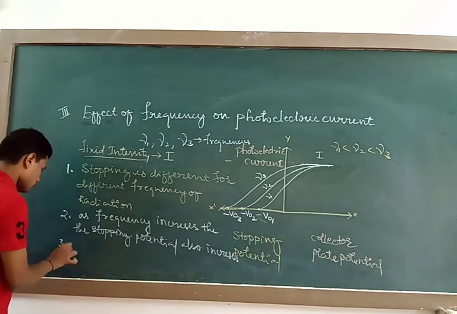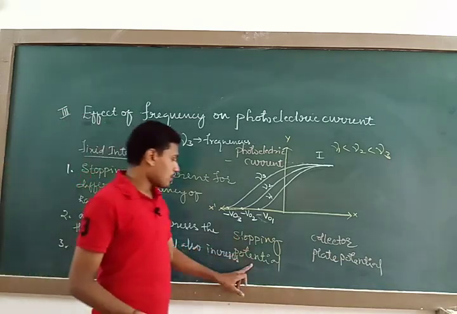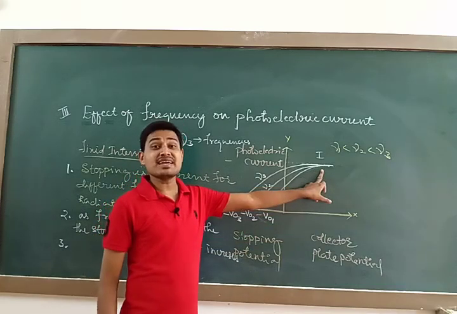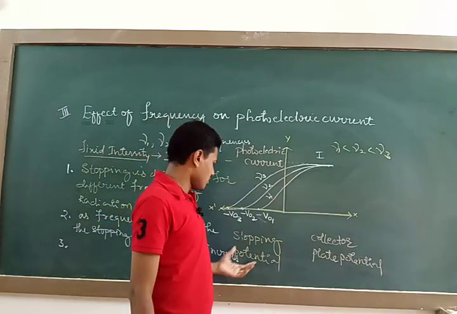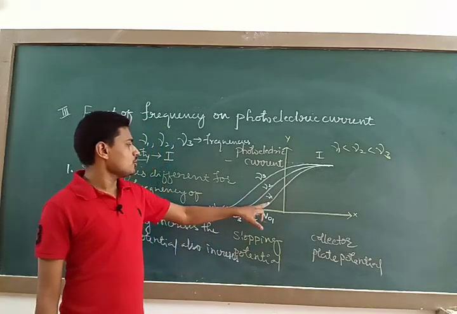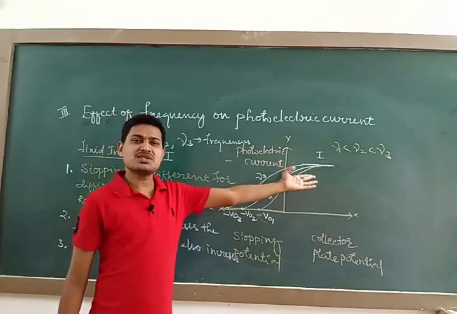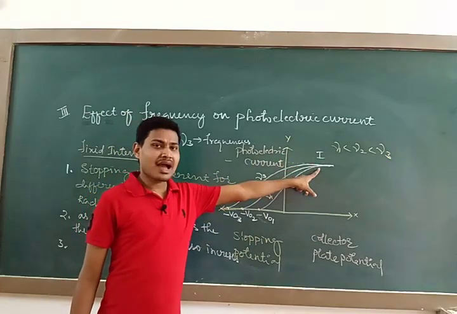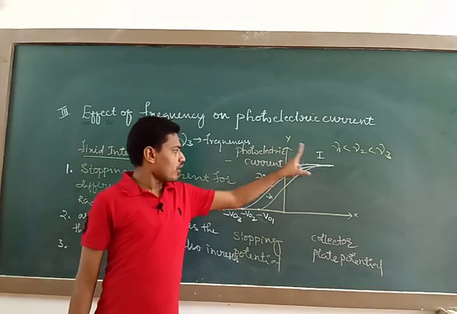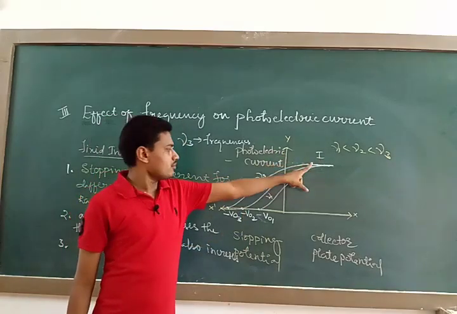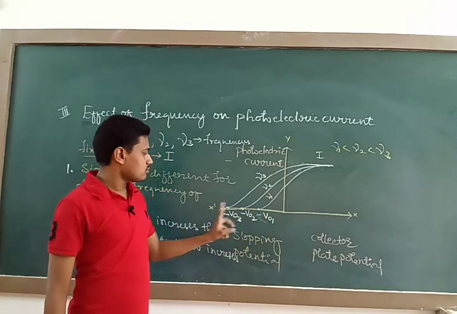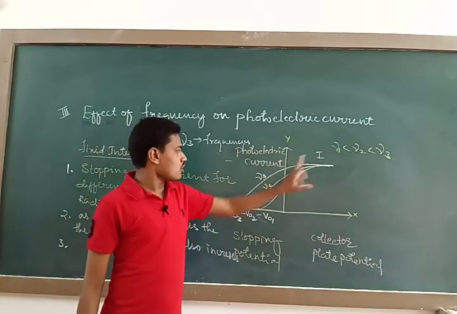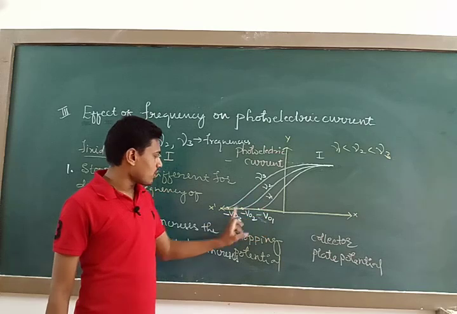The third conclusion, the stopping potential is independent of the intensity of the incident radiation. Clearly you can look at this: nu1, nu2, nu3, but the intensity is I. And remember, for a particular intensity I, we have the stopping potential due to the variation of frequency.